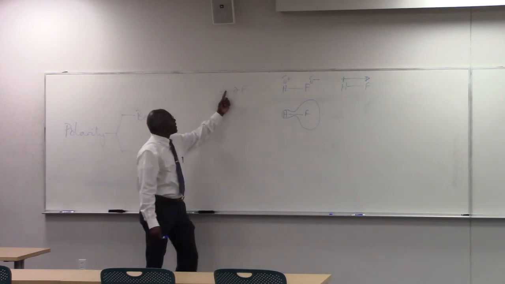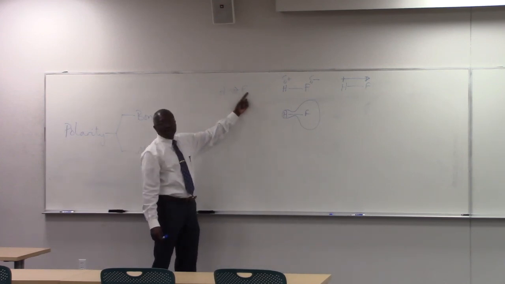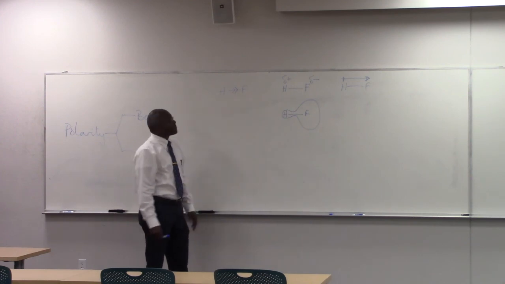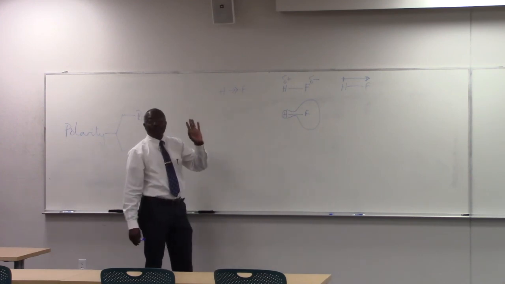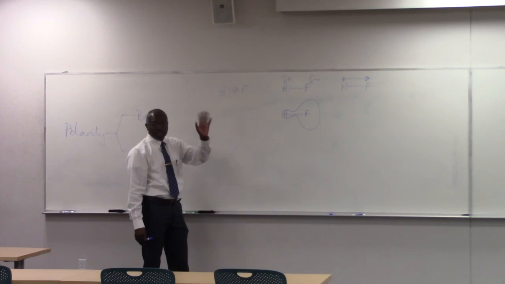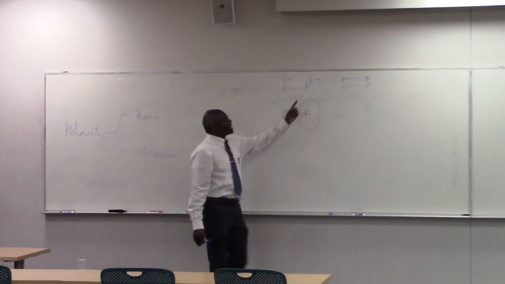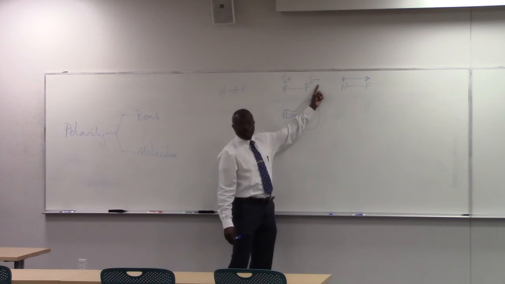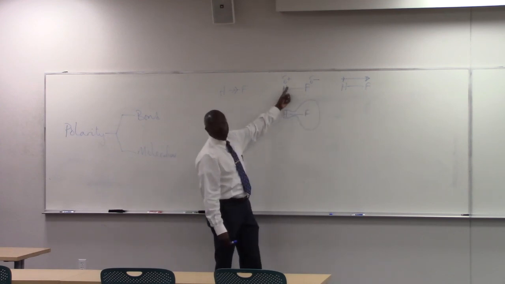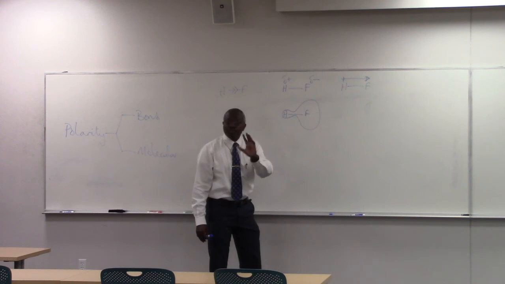The electron pair in the HF bond drifts towards the F, because the F is more electronegative. If you want, the H is more electropositive and pushes them away. It's six of one, half a dozen of the other. That creates a negative dipole on the F, a positive dipole on the H. So we make 2 poles, it's a dipole.